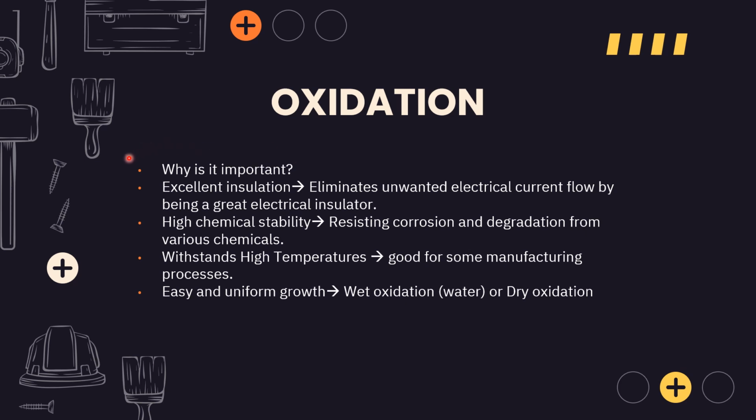Also, it's important to withstand high temperatures, as again, some manufacturing processes will be held at high temperatures. Finally, the oxidation is usually easy and uniformly grown, and oxidation can be performed either by wet oxidation, which is basically in a water atmosphere, or through dry oxidation.